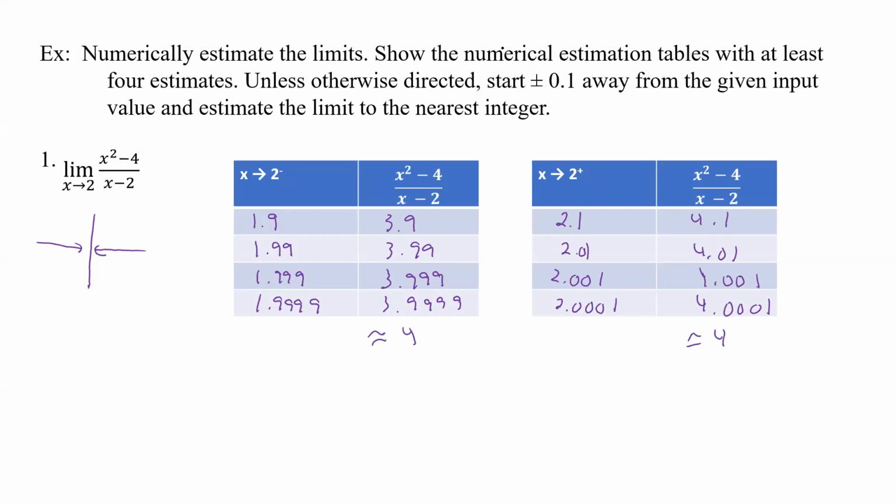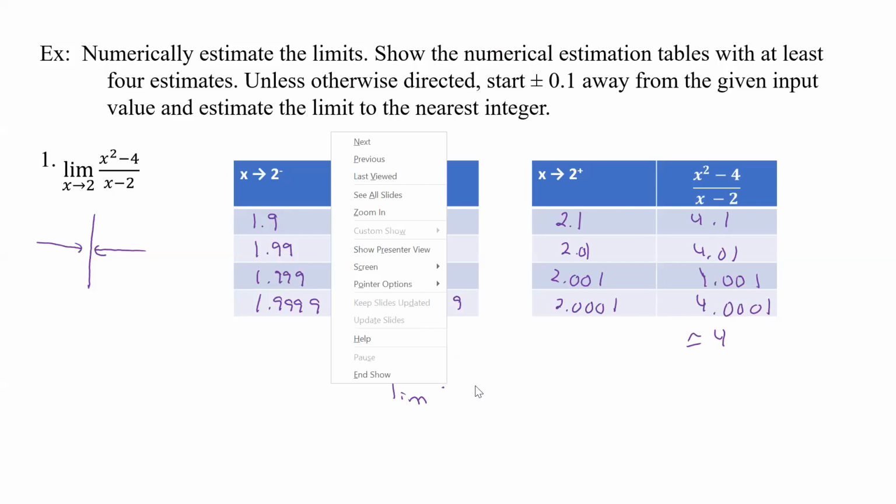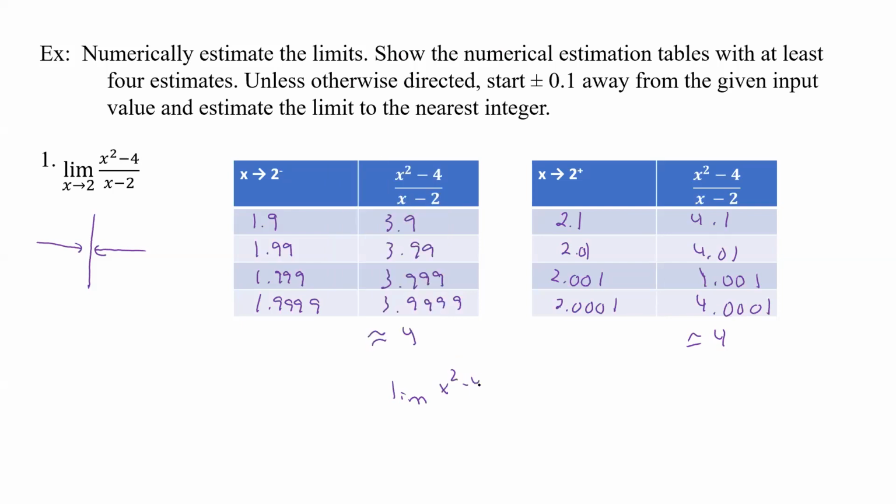And so to numerically estimate this limit, I'm going to say the limit of x squared minus 4 over x minus 2 as x approaches 2 is going to be approximately 4, because we're getting closer to 4 as we go this way and this way. And so because we're going from the left and the right, then overall the limit is going to give us that 4.